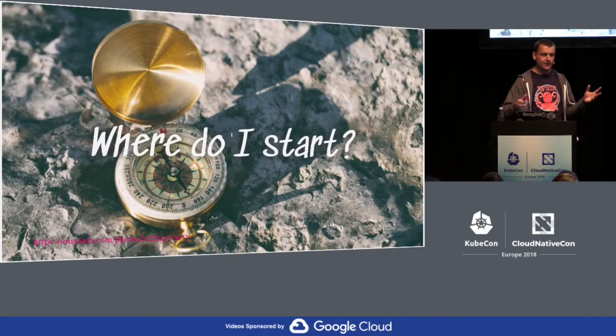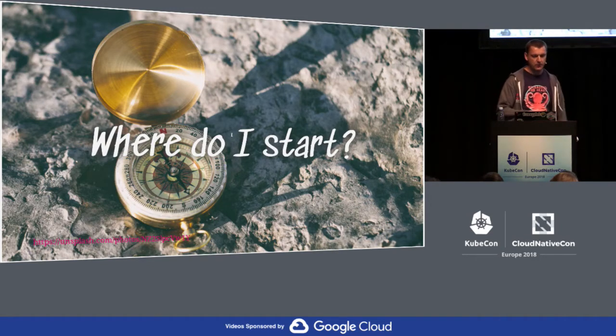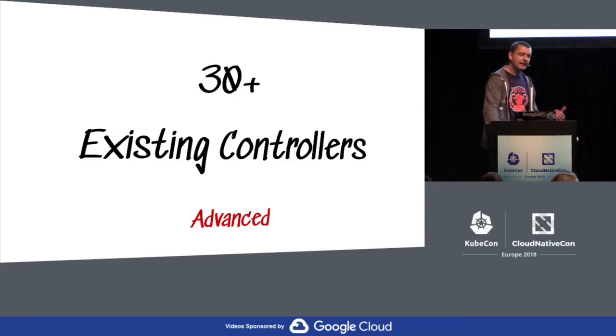But then again, if you're a newcomer, it's pretty overwhelming. Where do you start? How do you write your own controller? Or where do you look for stuff like the one that I just mentioned? You can start just like me. When I was writing my first controller, the Job controller, back in the old days, when Kubernetes was small and not that many folks knew about it, I actually opened the replication controller.